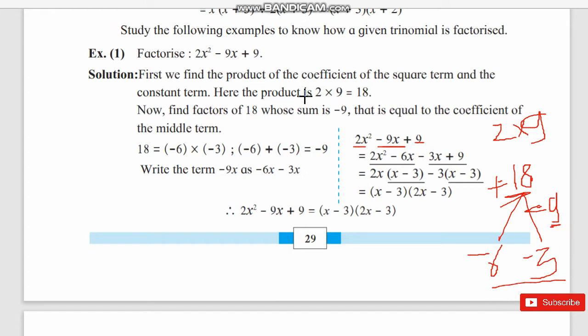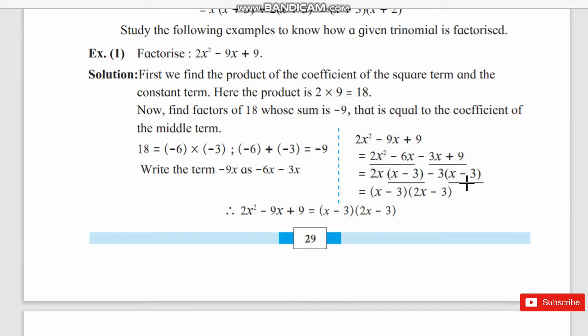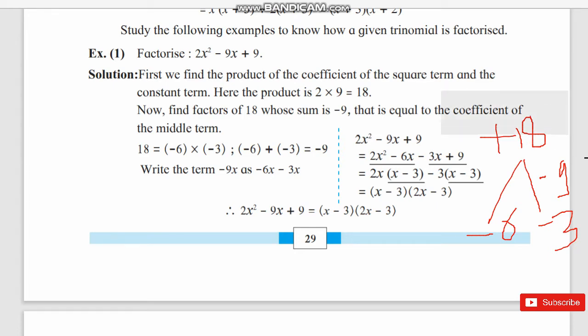So we satisfy both conditions. What are those conditions? The product must be plus 18 and the sum of them must be minus 9. So these are our conditions. And what do we get, the proper factors? The proper factors are minus 6 and minus 3.